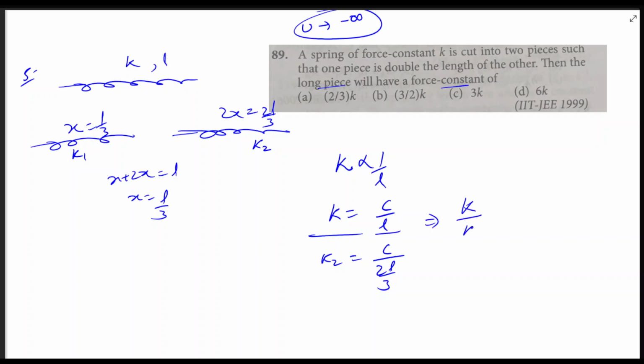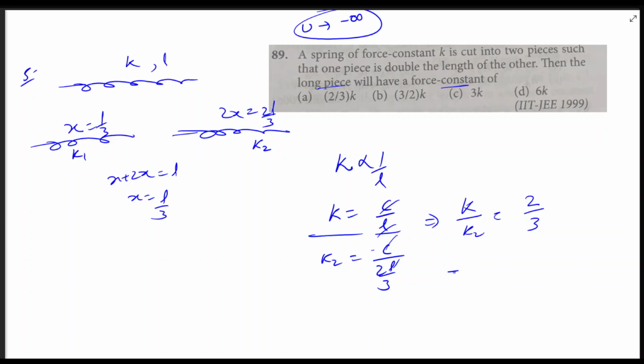We will get K by K2. C and L will get cancelled. So this will be 3 by 2, right? So K2 will be 3K by 2.